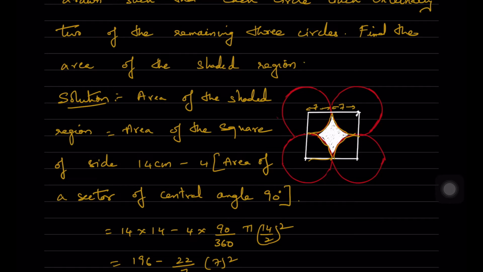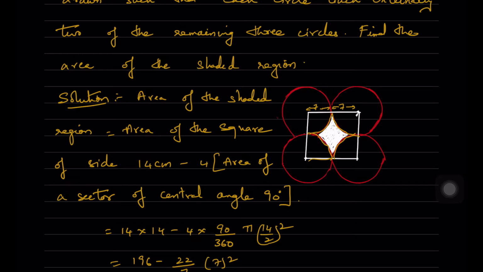You know the radius of the circle is, because the side is 14 centimeters, the radius will become half, because the side of the square is touching 2 circles externally, therefore it becomes 7 centimeters. So radius is 7 centimeters. So it is equal to pi r square into theta by 360, where theta is here 90 degrees.